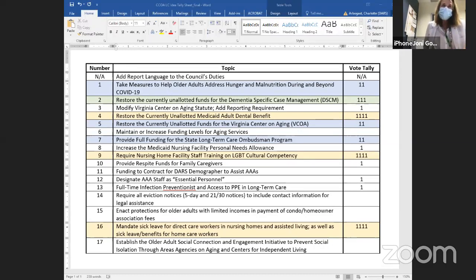And DARS requires a registered dietitian, which is costly, and there is very minimal pay, but counseling is required, and sometimes there are issues regarding counseling versus a meal when push comes to shove in the AAAs. Again, in Southwest Virginia, we have an emergency food pantry, but not all AAAs do. It depends on grants and priority setting in their area.